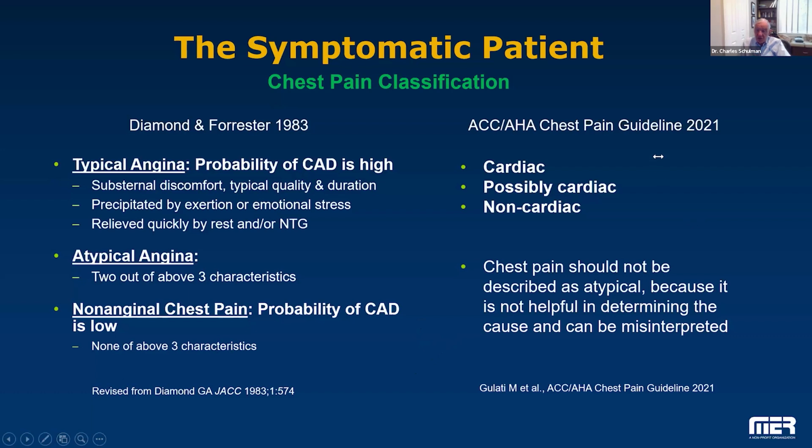So the terminology they suggest we use is to consider the pain cardiac, non-cardiac, definitely not cardiac, or possibly or probably cardiac. And that helps you to try to decide how to work up that chest pain, that symptom.